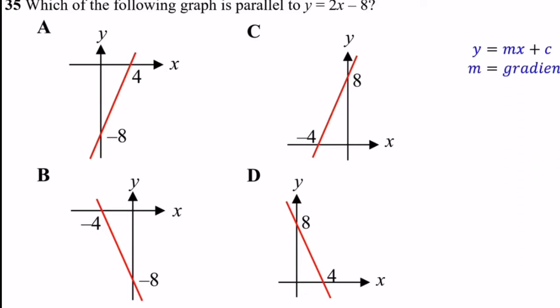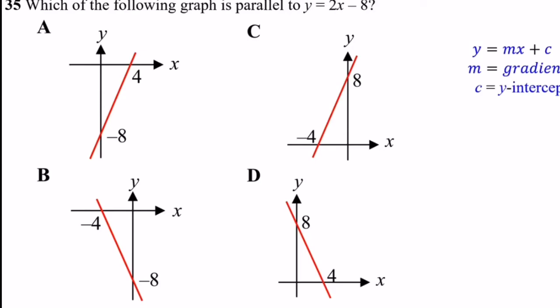It's quite simple. When you have y equals mx plus c, the m is the gradient, meaning m is equal to 2, and the c is the y-intercept. You just focus on these two and you will get the answer easily.